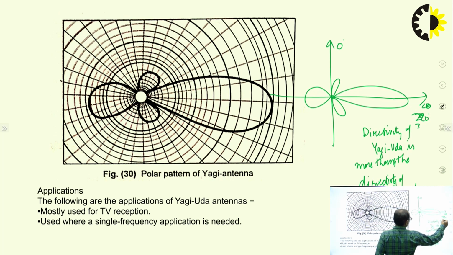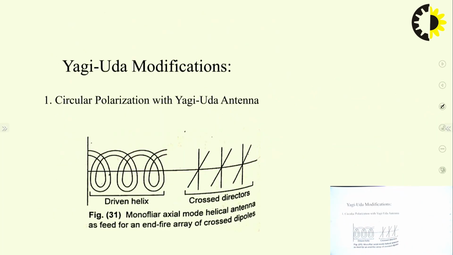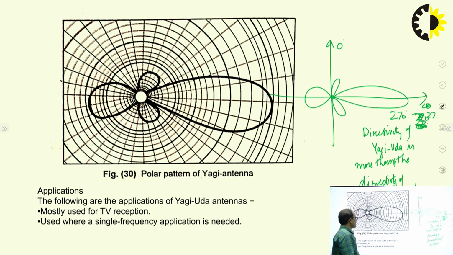Sorry, 360 degree. 270. Clear? So these are the applications of this Yagi-Uda antenna. It is mainly used for TV reception, and where single frequency operation is required.